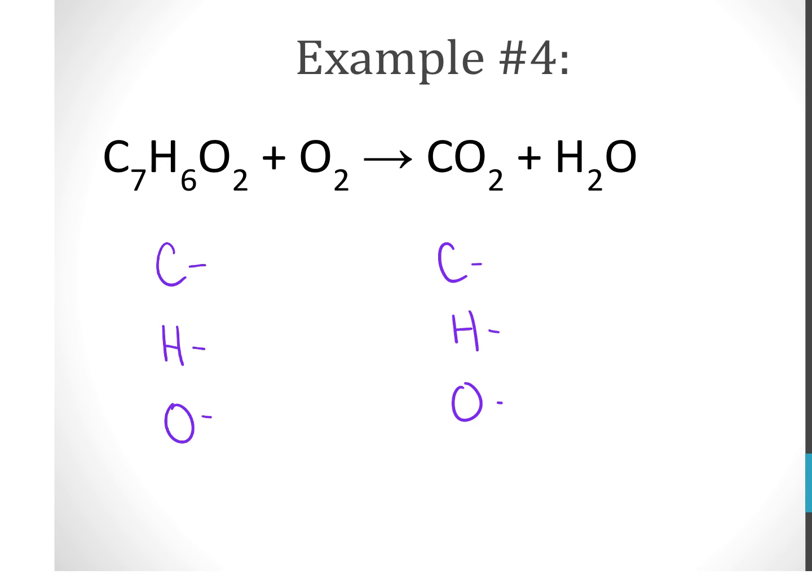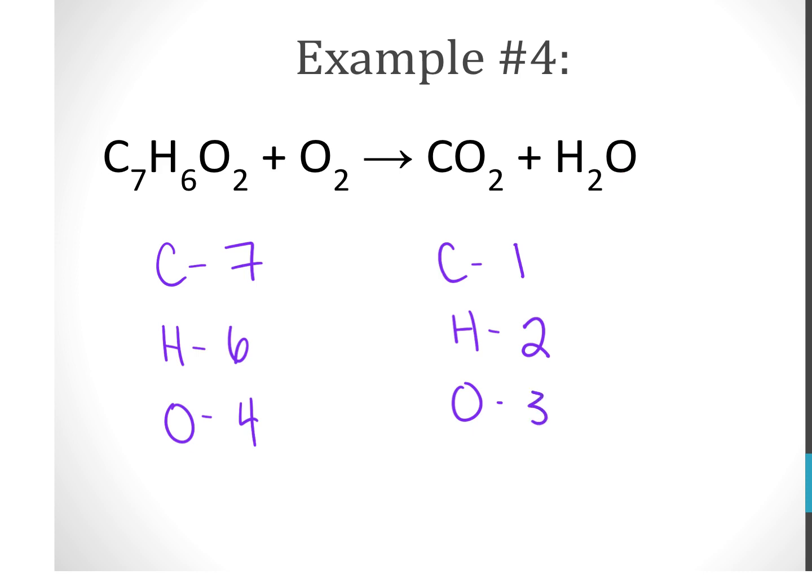Okay, how many carbons on the left side? 7. How many on the right? 1. How many hydrogens on the left? 6. How many on the right? 2. How many oxygens on the left? 4. There's 2 plus 2, so 4 total. How many oxygens on the right? 3. 2 plus 1 gives you 3.